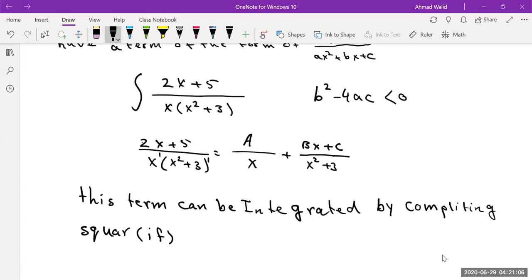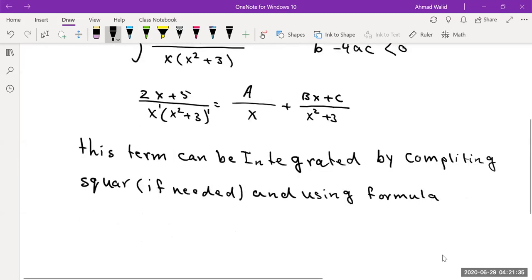Most of the time you don't need to. In some problems, you have to do completing the square first, if needed. And using a formula.